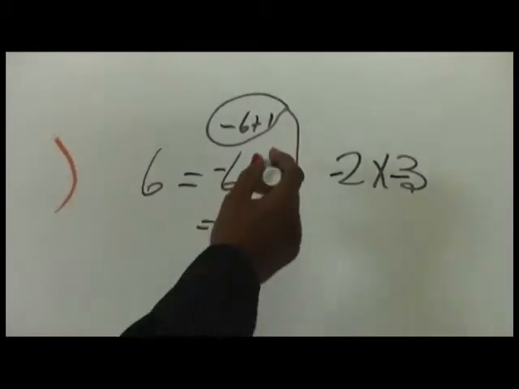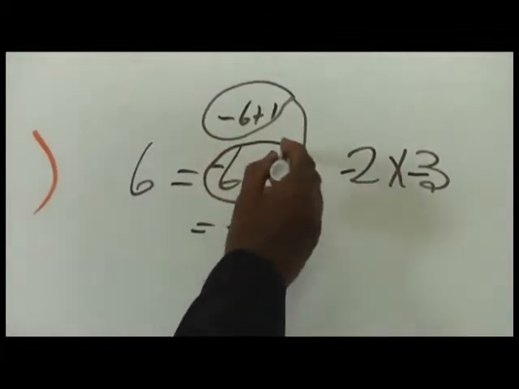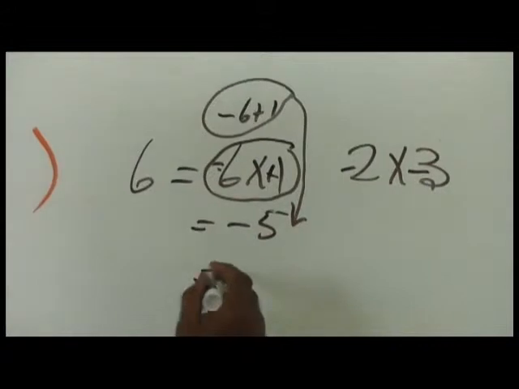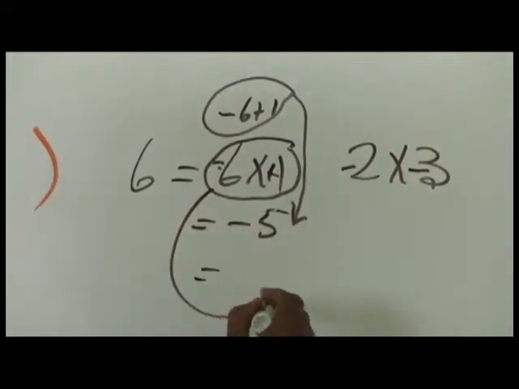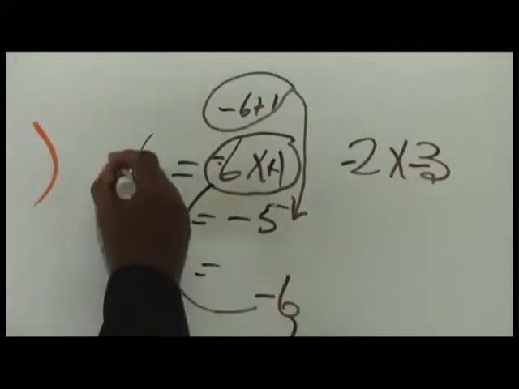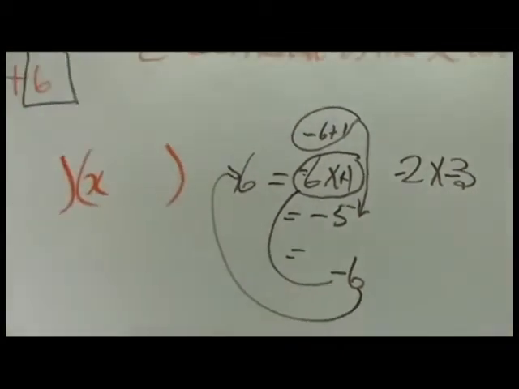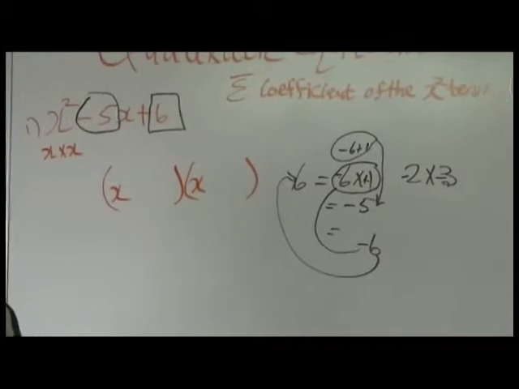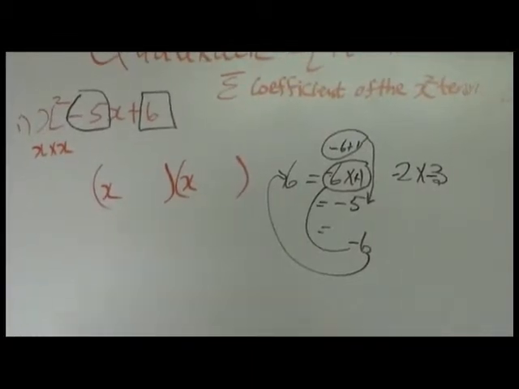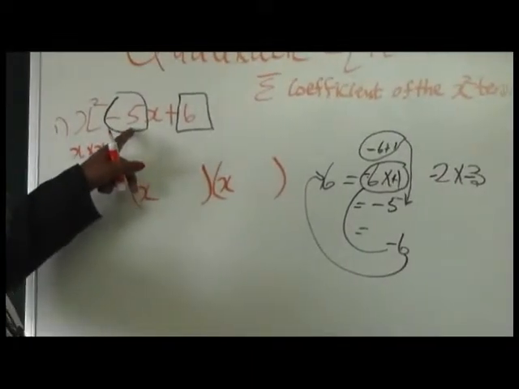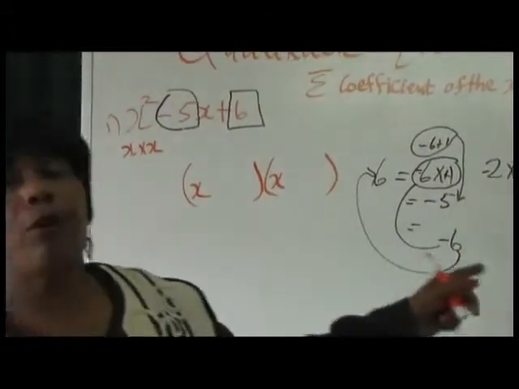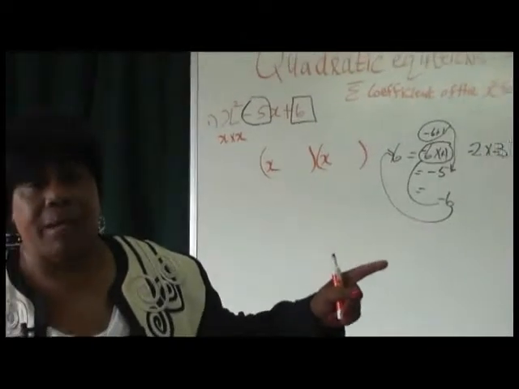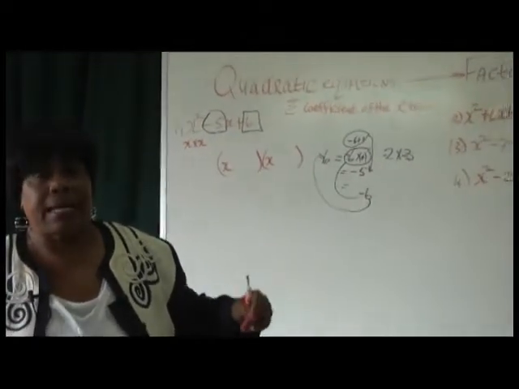So when we multiply -6 times +1, we are getting a -6, which is not what we started with. So we can't use it, all right? So it is not sufficient just to get the middle coefficient. We also have to get the product to give us back the number we started with, or else it is not a candidate.